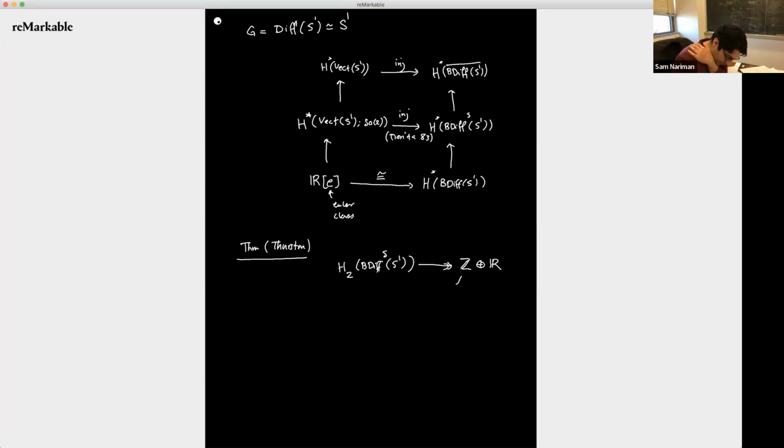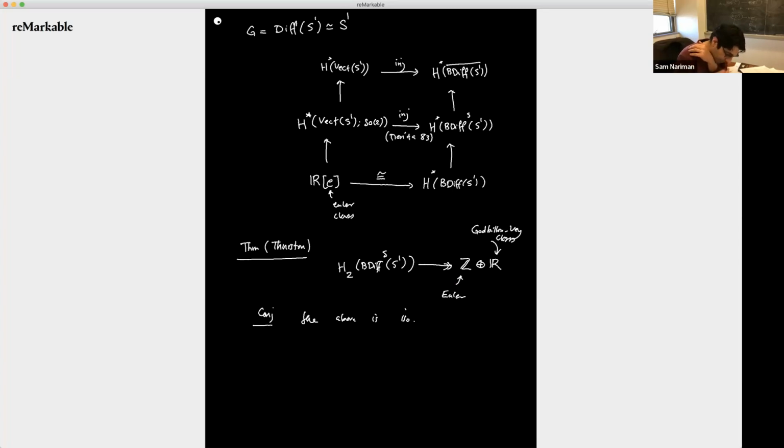The surjection to Z comes from the Euler class, and the surjection to R comes from the Godbillon-Vey class. And so that's only for H2, and conjecturally, the above map is an isomorphism. But Morita's theorem is in all degrees.